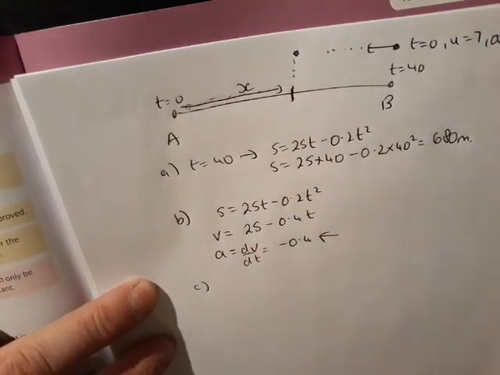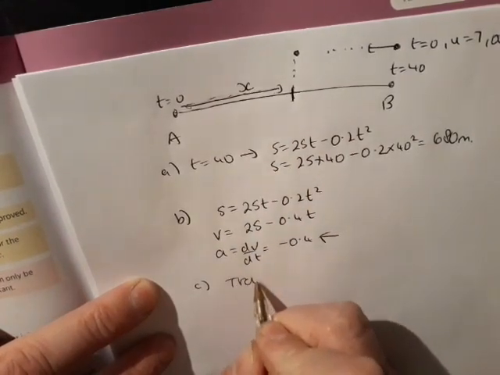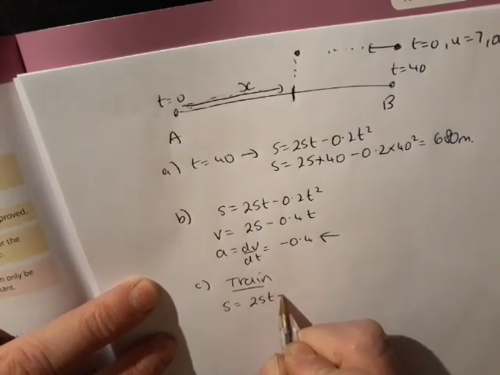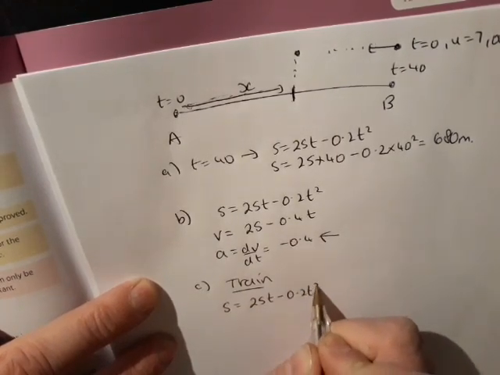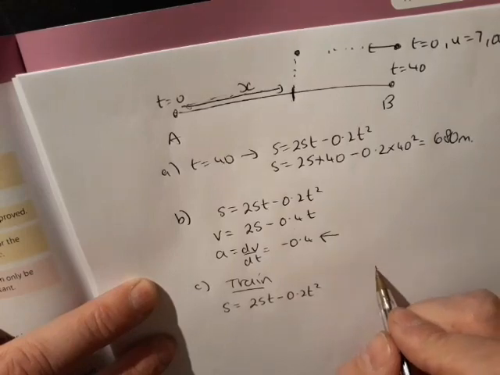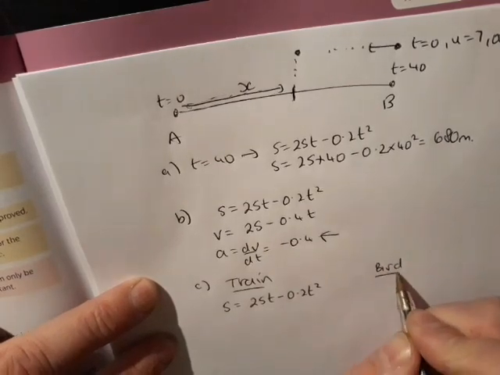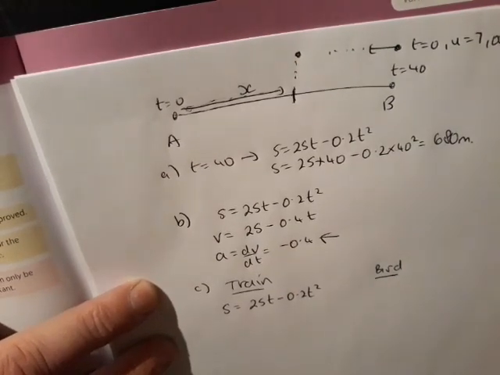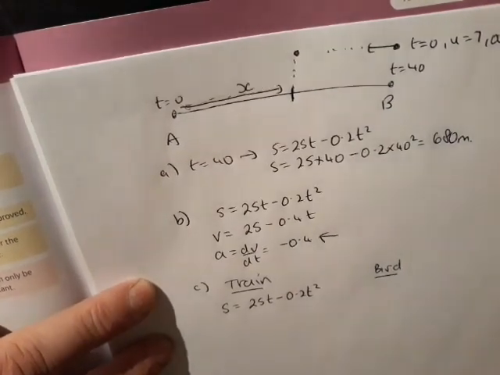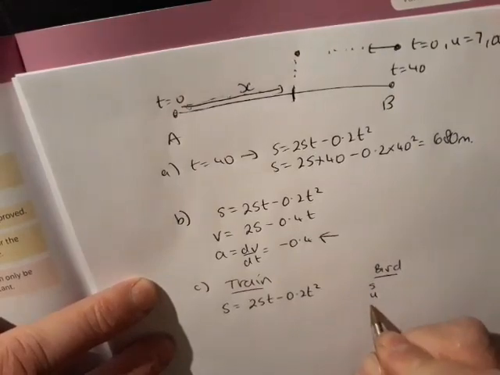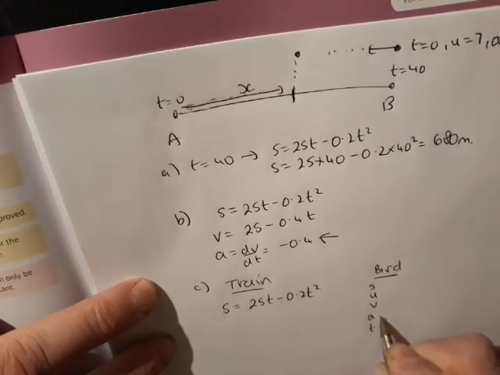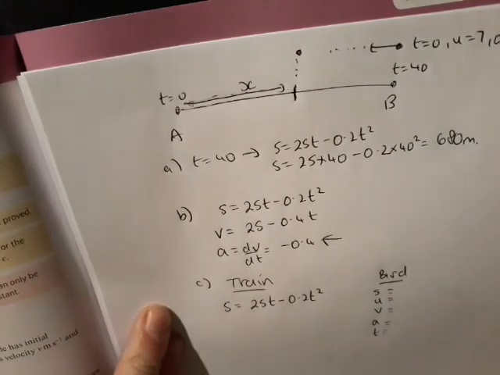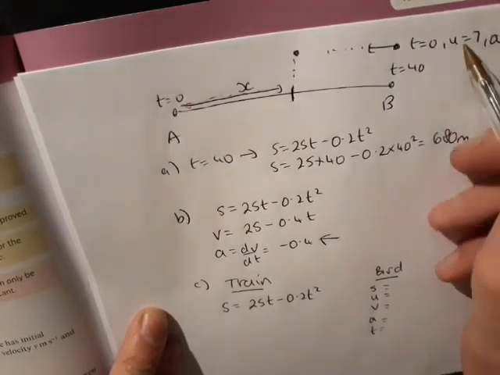Okay, so this is the point we want, this point here. Now at that point, for the train, our displacement we were given is 25t minus 0.2t squared. And for the bird, we can use s because the acceleration is constant. I mean, it is for the train as well, but we're going to stick with this on here. T equals 0, so u equals 7.